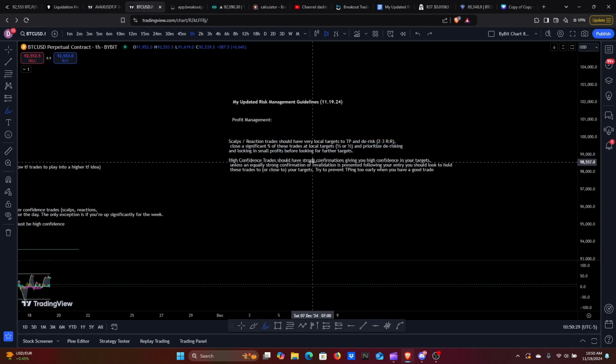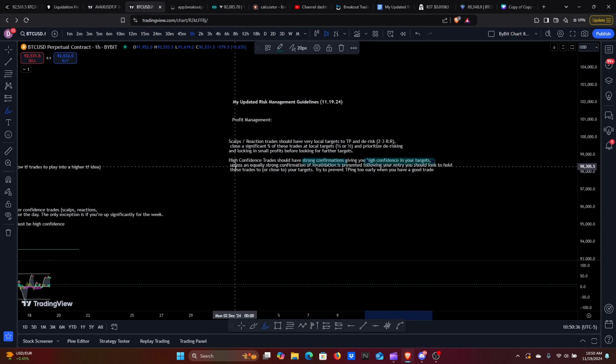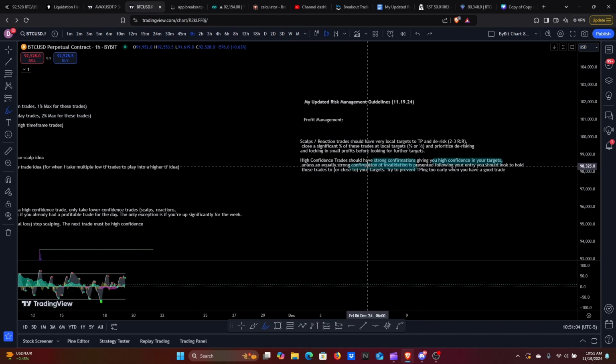High confidence trades should have strong confirmations, giving you high confidence in your targets, unless an equally strong confirmation of invalidation, and that is a weird way to phrase that, I know. Really, what I mean is a confirmation going against your trade. And if a confirmation going against your trade is presented following your entry, then maybe you look to TP earlier than you expected, or de-risk earlier than you expected.